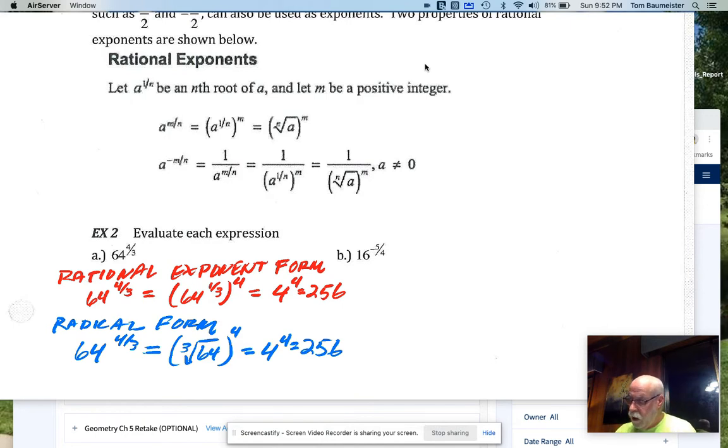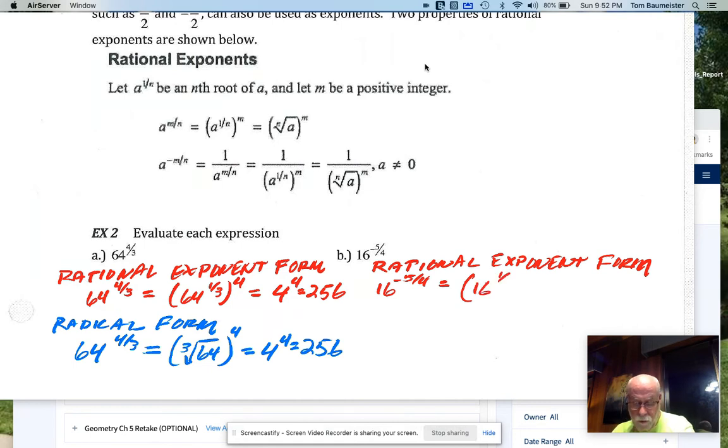For part B, we're going to take 16 raised to the -5/4 power. So let's go ahead and do the rational exponent form first. I'm going to have 16 raised to the -5/4, which is equal to, I'm just going to choose to do 16 raised to the 1/4.